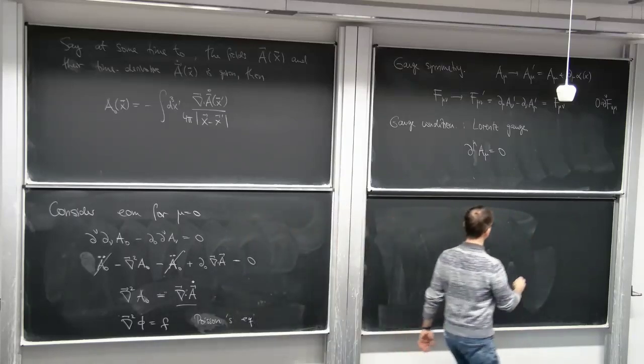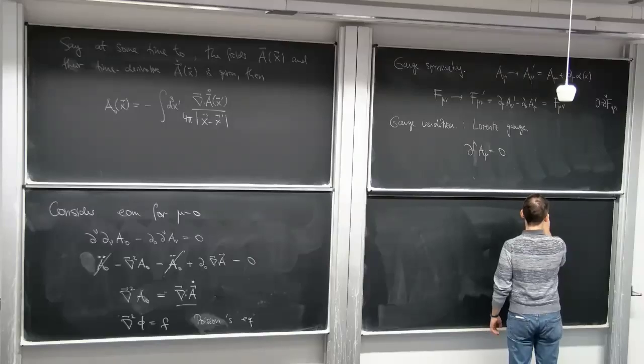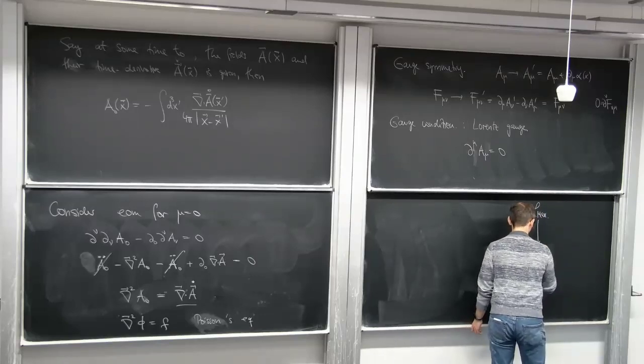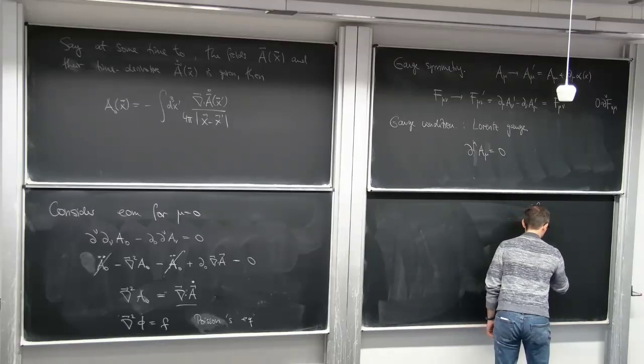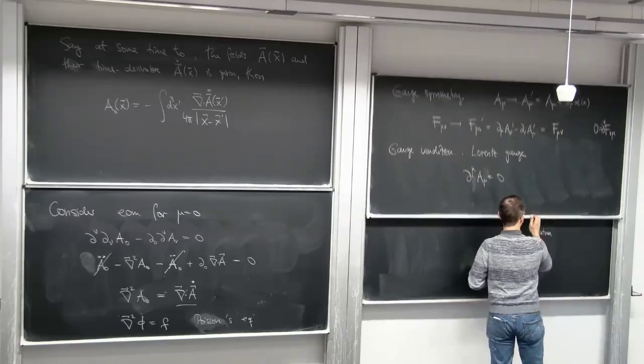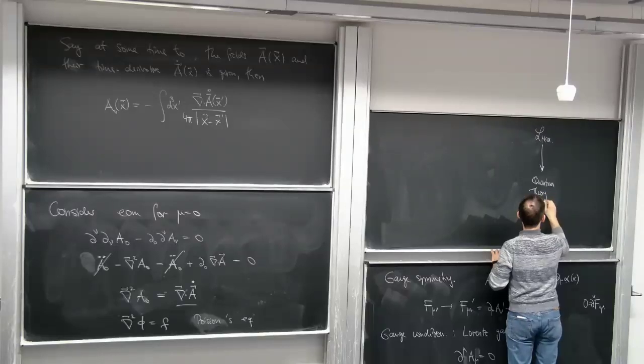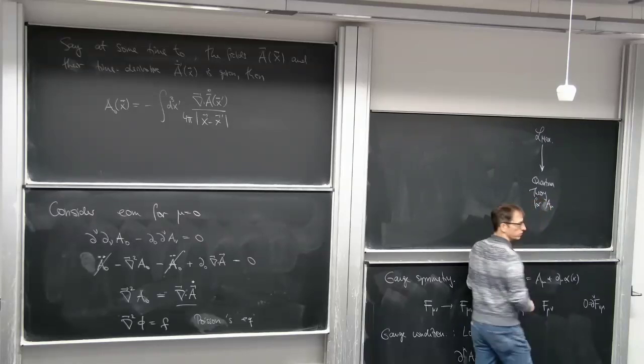I guess the picture is this. You have L Maxwell, and we want a quantum theory for photons or for the gauge field, right?